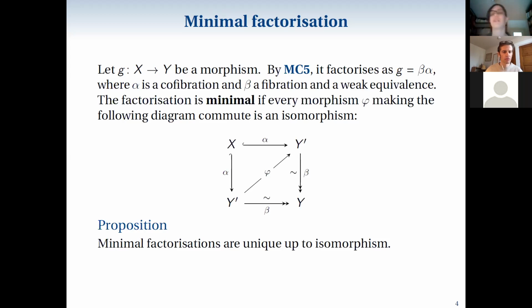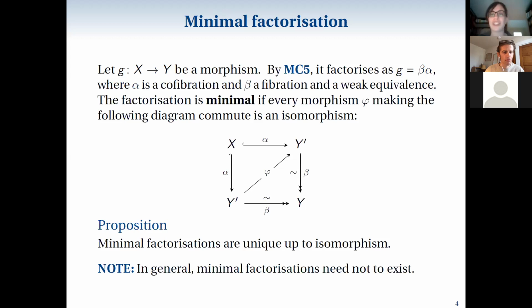So if I have a minimal factorization, I can talk about the minimal factorization. The problem is, in general, they do not exist. So once I have my model category, I know for sure that I have one factorization, but I need to work to show that there exists a minimal one.